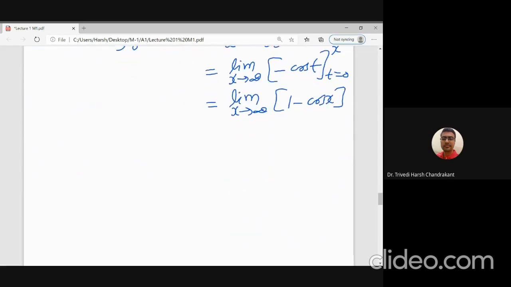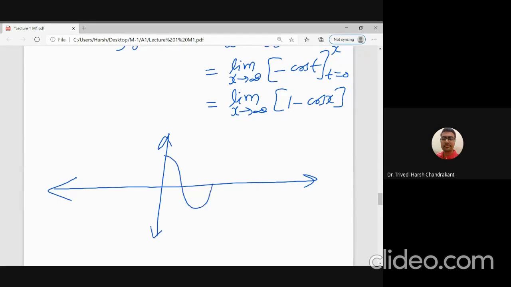Now what we want to find is, we know the graph of the cosine function. So the question is whether we can find the limit as x tends to infinity of the cosine function. From the graph itself we can see that this function oscillates.